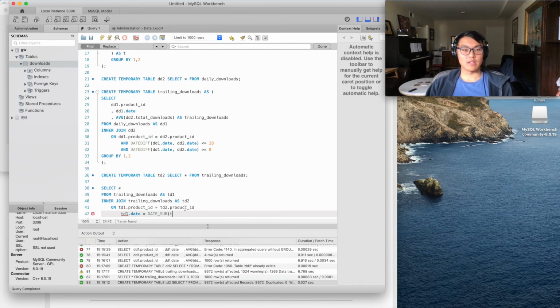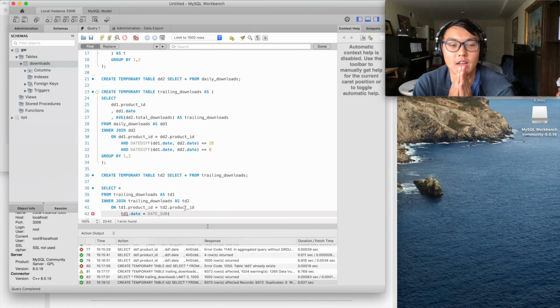And we have to take TD1, but we want this to match up to TD2, right? And so if we look at this, that means we have to effectively match up where TD2 is equal to the date a year ago.